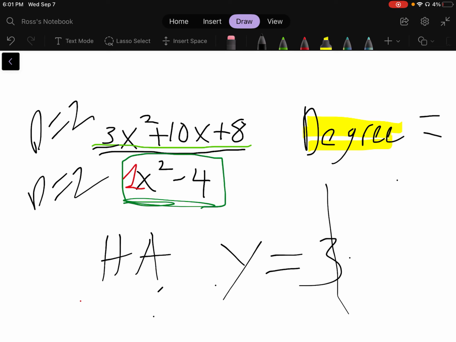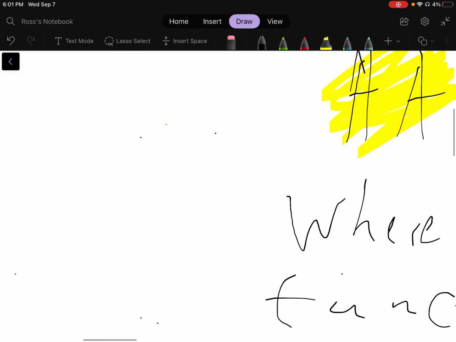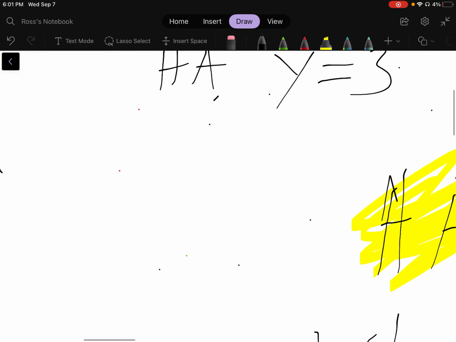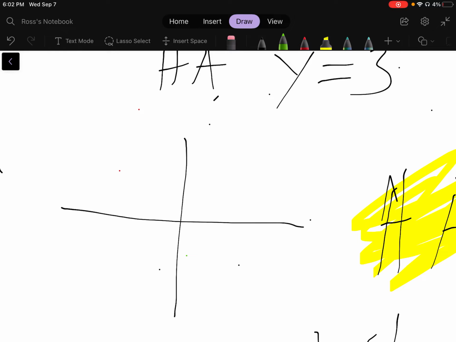So in this function, we could now graph it because we have all the information. So we have a horizontal asymptote at y equals 3.